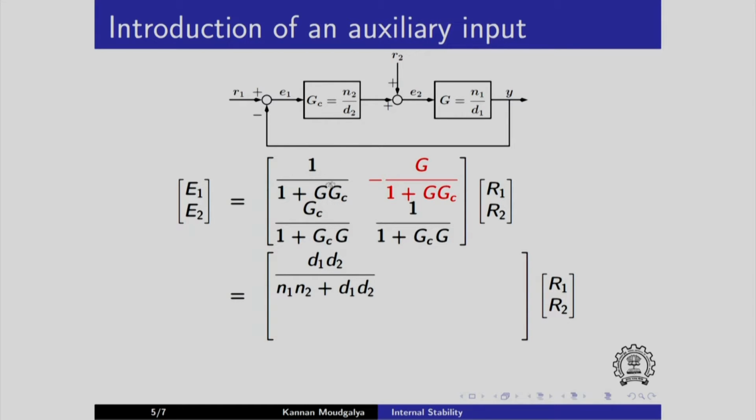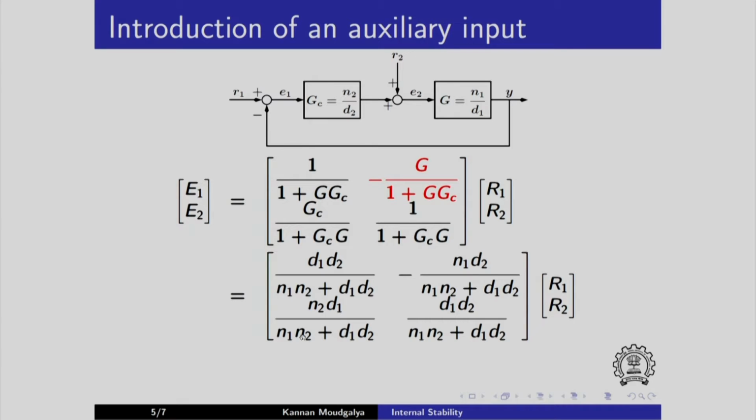So what I have done is I have substituted for G and GC from here, simplified to arrive at this transfer function. Similarly, one can substitute and simplify for the other 3 terms to arrive at these. So here is the transfer function matrix for E1 E2 in terms of R1 and R2.